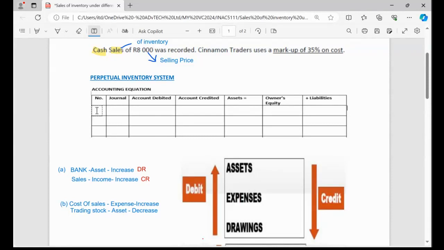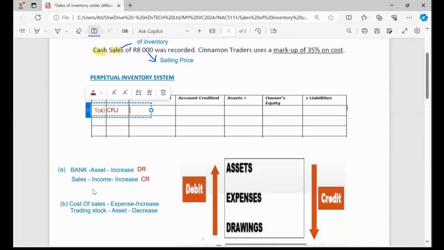I can call this number 1, 1A, and then under 1A, do this. I'm going to debit bank. For the general, guys, the general is going to be the CRJ, but remember the generals, we can talk about them after, for now don't worry about the generals.